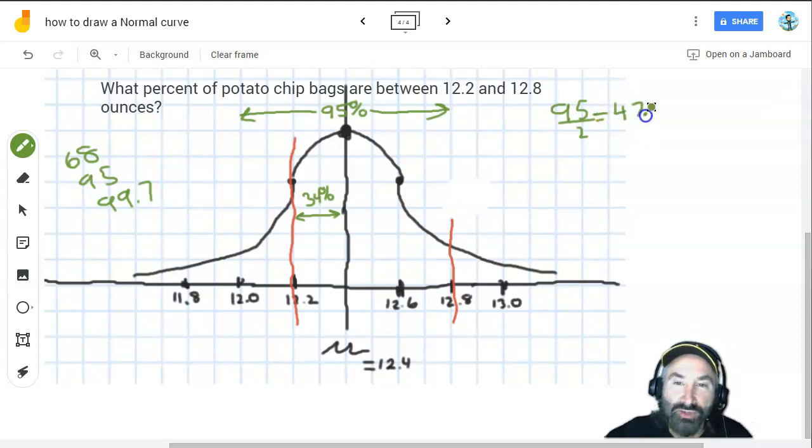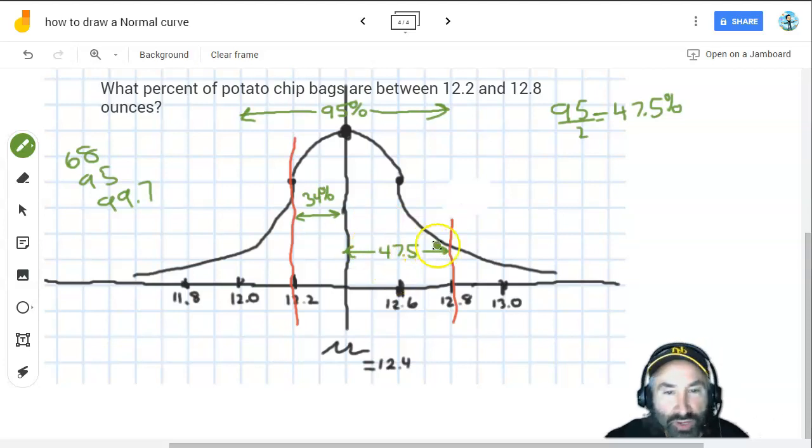So 47.5, I believe. Later on, I'm going to be really embarrassed if I'm off, but I think that's 47.5%. So what I'm going to say is this must be 47.5% from the mean, not the median, from the mean all the way over to 2 standard deviations, which is where 12.8 is.